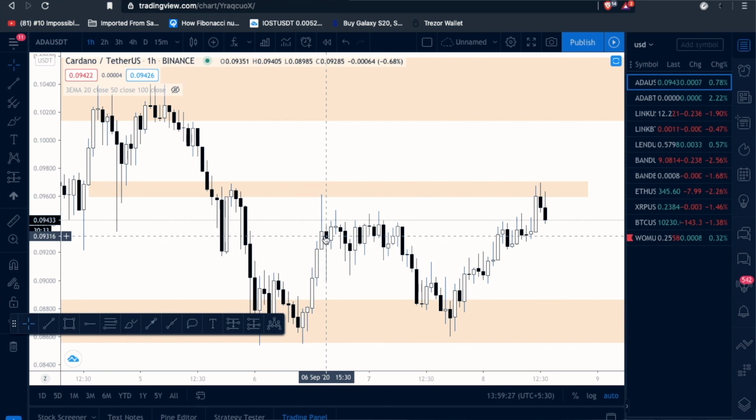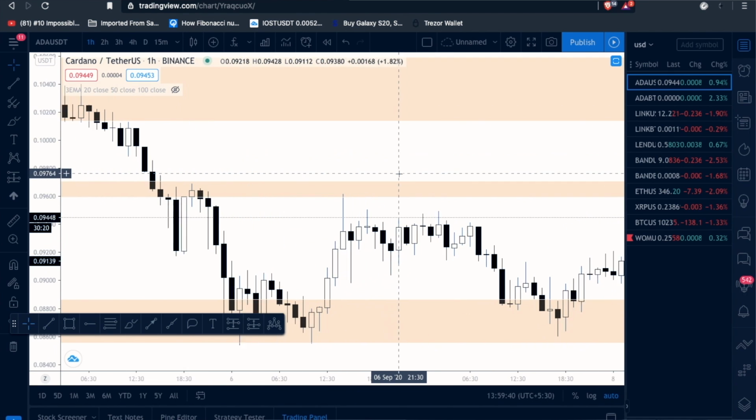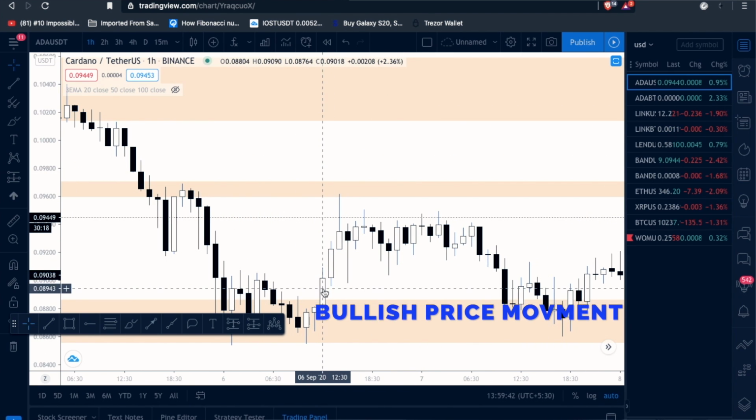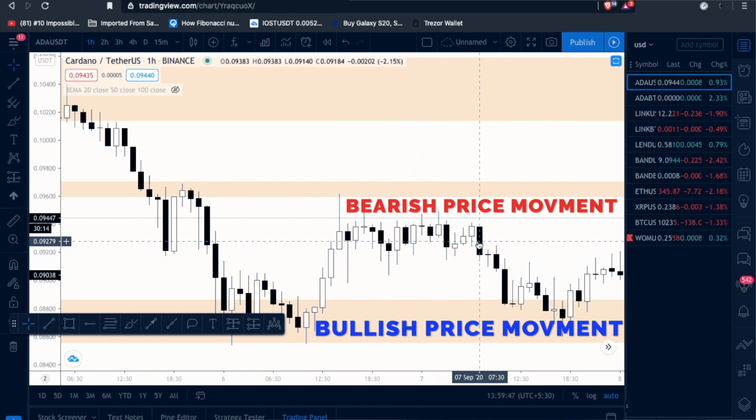And when the price moves down, it is called a bearish candlestick, and the price movement is called a bearish price movement. Now you can set the color of the candlesticks as per your need. In my chart, my white candlesticks represent bullish price movement and the black candlesticks represent the bearish price movement.